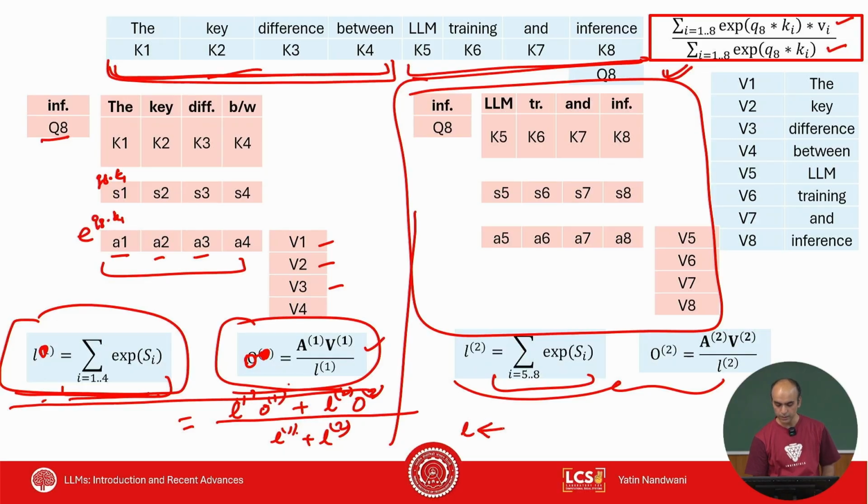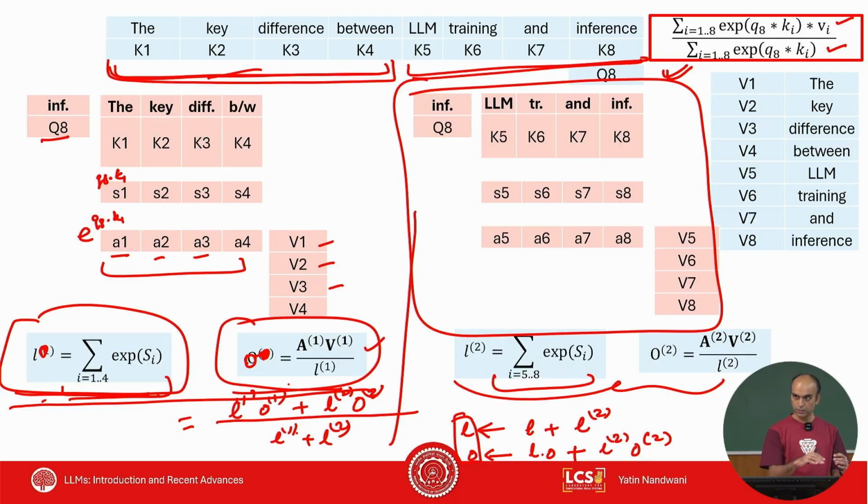My L would be L plus L2, the local variable that I computed here, and my O would be L into O plus, yeah, exactly, L2 into O2. So this way I just maintain L and O in my HBM and I keep on updating it. And this is exactly what flash attention does.